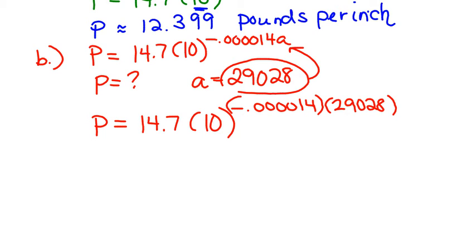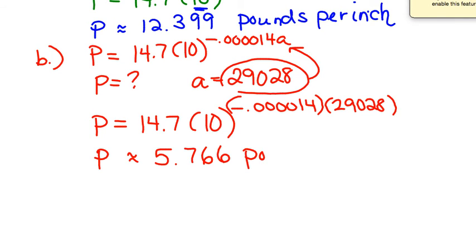Go ahead and pause, enter it into your calculator, see if you get the same answer as me. So the air pressure now is 5.766 pounds per square inch. So again, my smartboard stopped here for a minute. So 5.766 pounds per square inch.